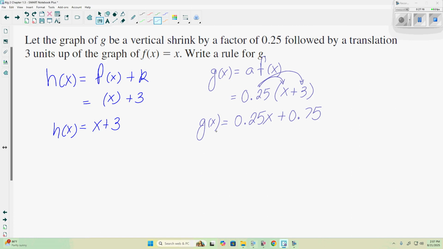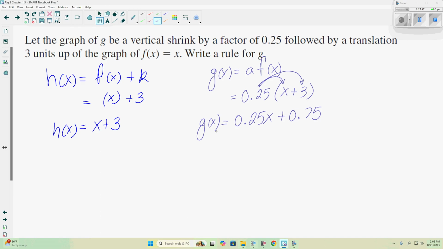Order matters. Order won't always matter, but there are some transformations that are going to affect each other. Specifically, vertical translation is affecting the output values, our y values, because it's moving them up. So the y values are all increased by 3, yes? Vertical stretch and shrink is also affecting the y values. Both of these transformations are affecting the y value of the original function.